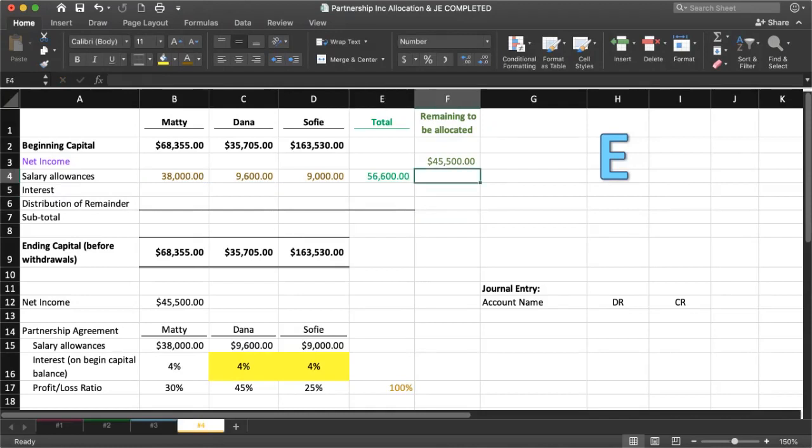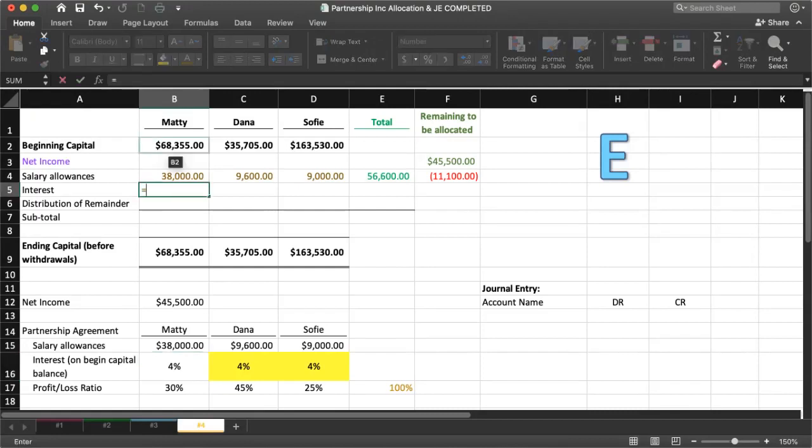All right, so now here we go. There was $45,500 of net income, and we allocated for salaries $56,600. So we've got a negative number here, and we're just going to work with the negative number. Now, interest, and recall that interest is on the beginning capital. In this case here, I have 4%.